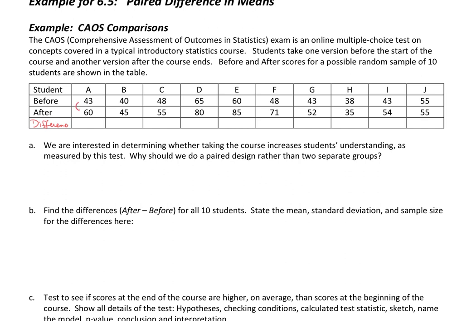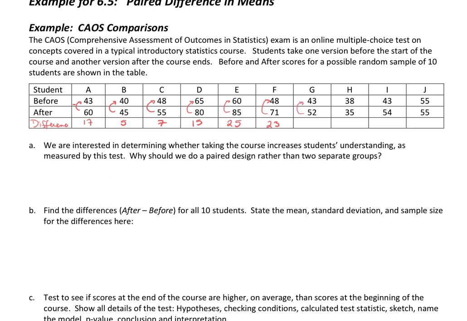So 60 minus 43 is 17. 45 minus 40 is 5. 55 minus 48 is 7. 80 minus 65 is 15. 85 minus 60, that's even bigger, 25. 71 minus 48, that's 23.